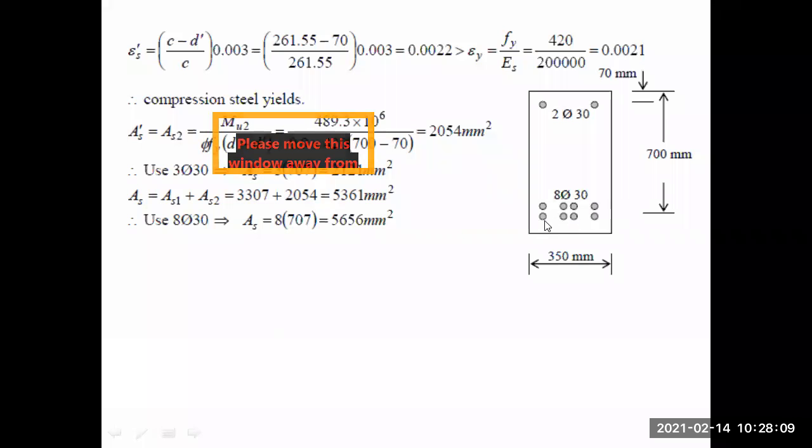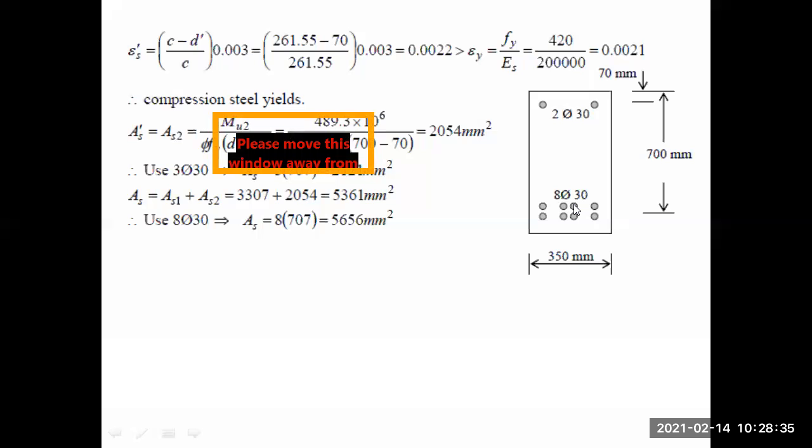Okay, design details. You specify the number of steel bars, you specify the diameter used in the tension zone and in the compression zone as well. Okay, so it's just about how you arrange and what type of steel and what diameter you are using for the tension zone and the compression zone as well.